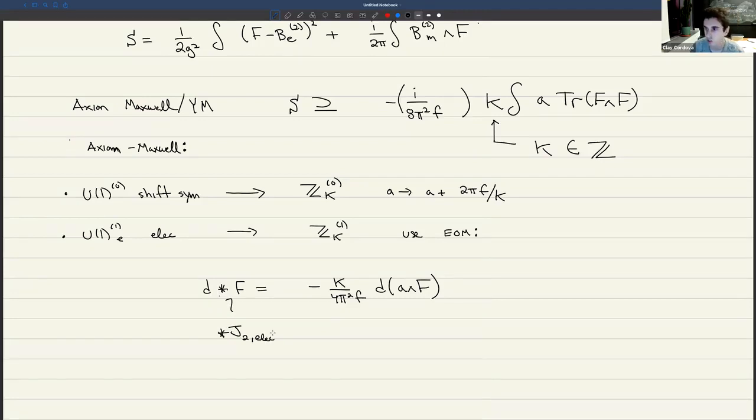So this is the thing that was previously closed by the Maxwell equation of motion, which was telling us that we had a one-form U1 electric symmetry. Now we find that this current is not conserved anymore. Instead, there's effectively some kind of electric current on the right-hand side coming from this term.